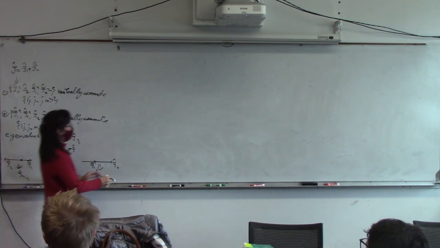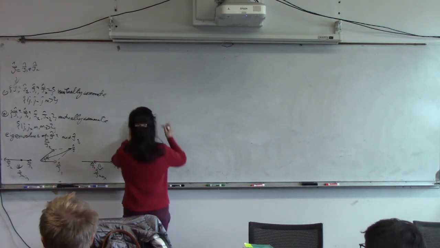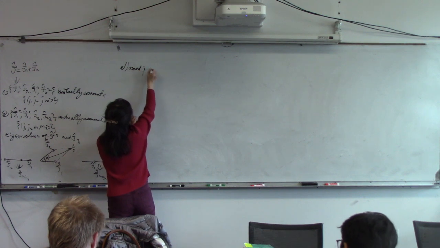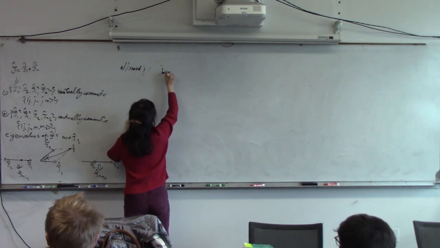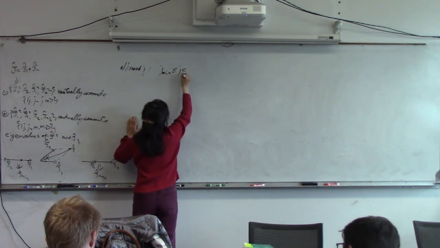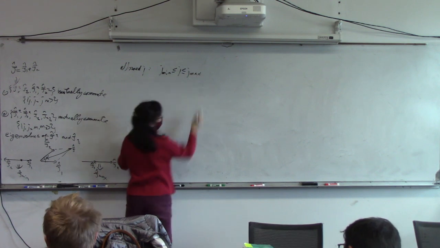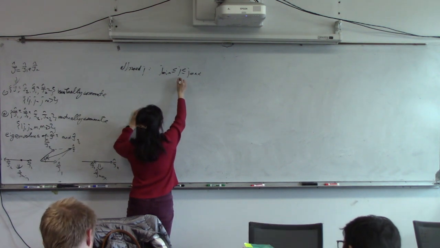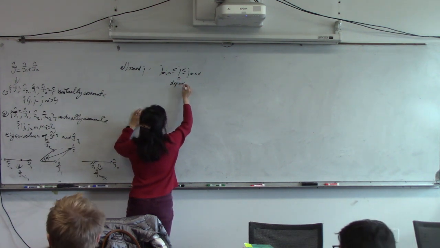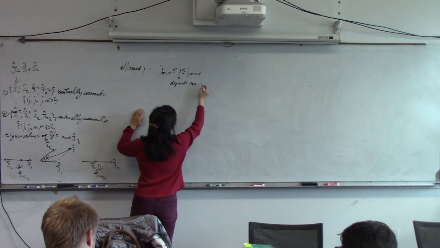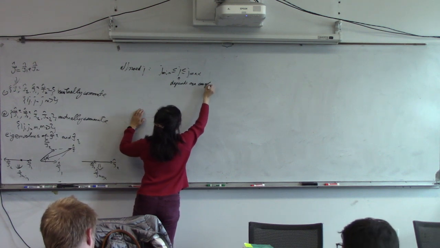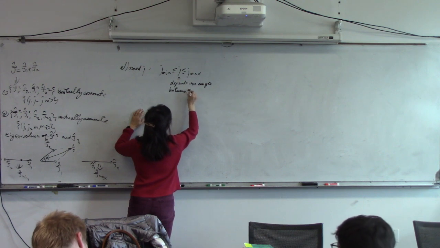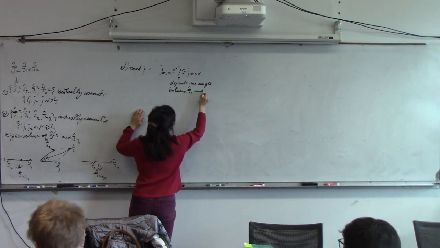Okay, so now the allowed J value must be within this range, by analysis. And the value depends on the angle between J1 and J2, right?